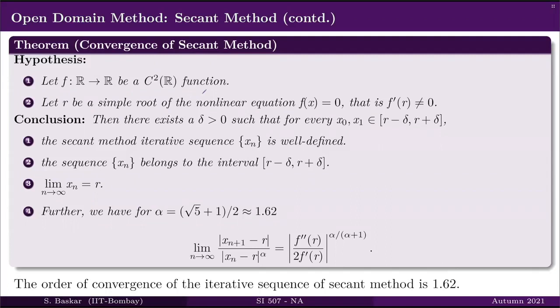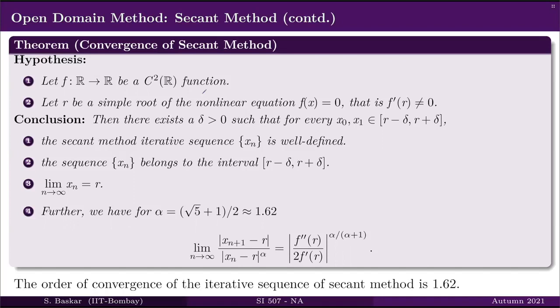We assume that f is a C2 function and the root that we are interested in capturing through secant method is a simple root. It means f dash of r is not equal to 0.